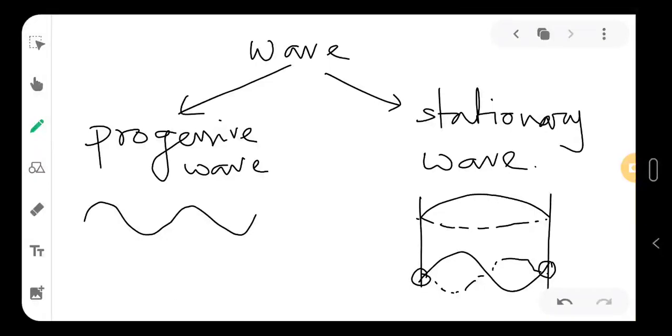So these two types of waves are there. Now in progressive waves we again have two types, and in stationary waves also we can see two types. So waves can be classified on the basis of their motion, or you can say their propagation, in this way.